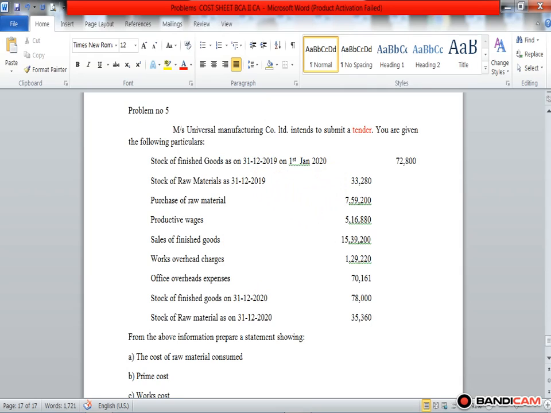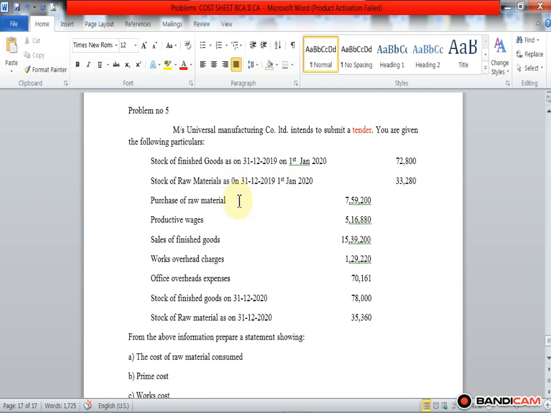And stock of raw material as on 31st December 2019, rupees 33,280. Here it is also an opening stock of raw material, because 31st December 2019 means 1st January 2020.